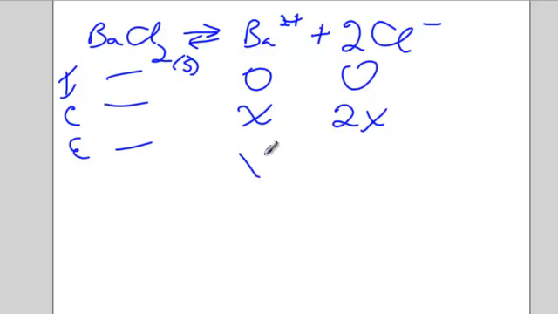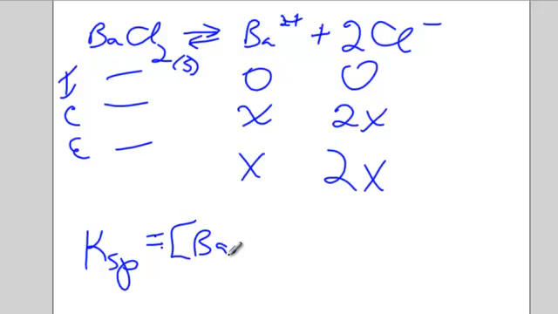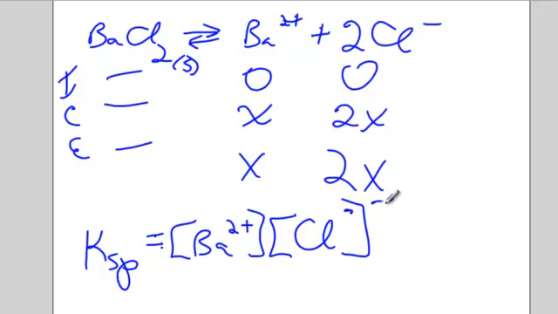We're so used to, in acids and bases, having everything be 1-to-1, that you have to remember this isn't 1-to-1 anymore. So the KSP, remember, is Ba2+ times the concentration of Cl- squared.